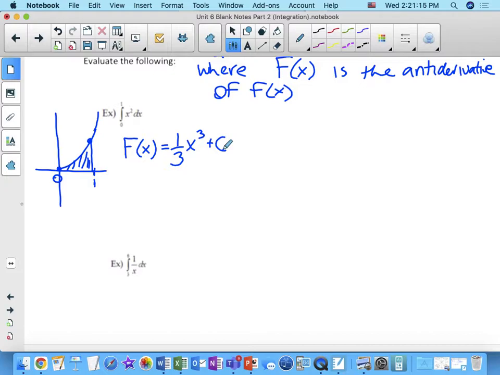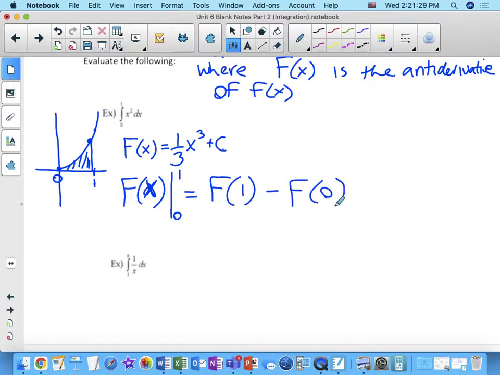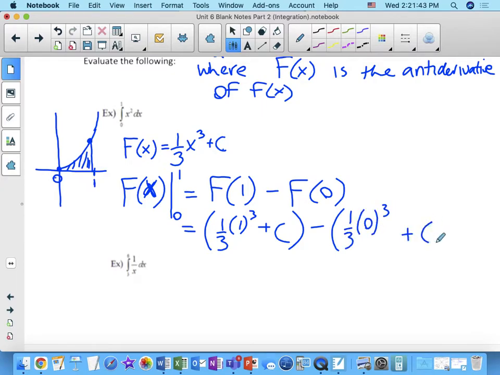So, F of x, rather, from 0 to 1 is going to be F of 1 minus F of 0. And that is 1 over 3 times 1 cubed plus c minus 1 over 3 times 0 cubed plus c.